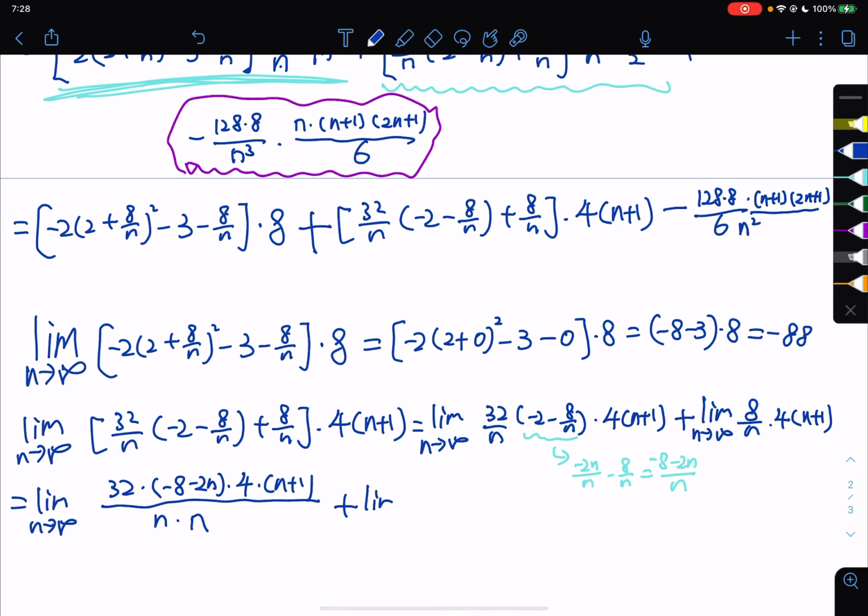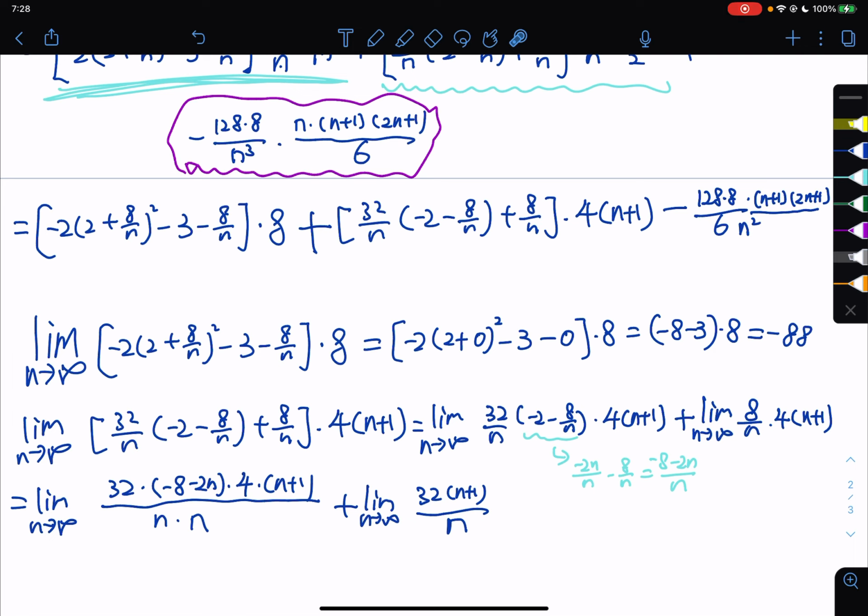The second one is going to be 32 n plus 1 over n. Well, if n goes to infinity, you can consider L'Hopital's rule, or you can use what we learned about limit at infinity. Clearly, the answer is 32 here. For this particular problem, you can consider using L'Hopital's rule, or you can use what we learned earlier about finding the leading term divided by it simultaneously on the top and bottom, and so on and so forth.